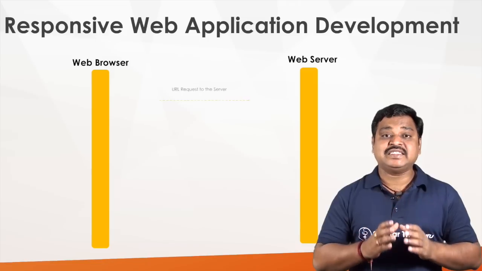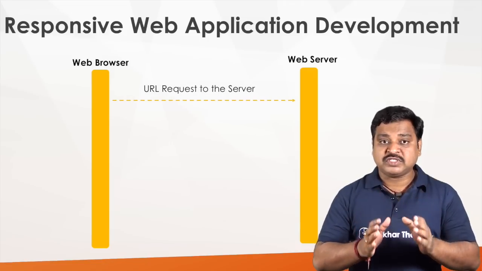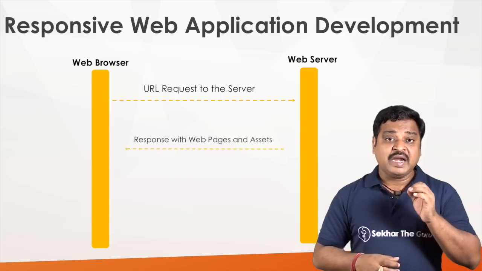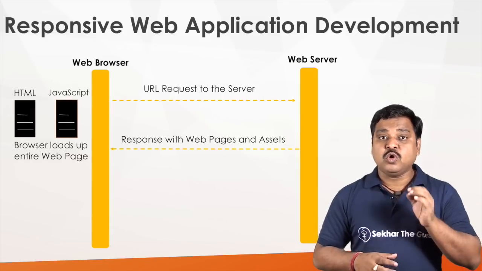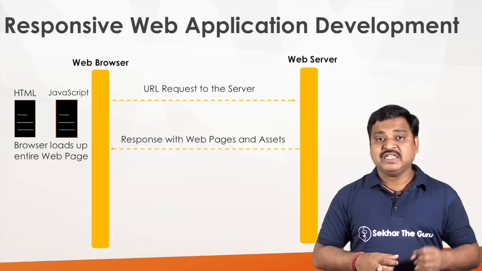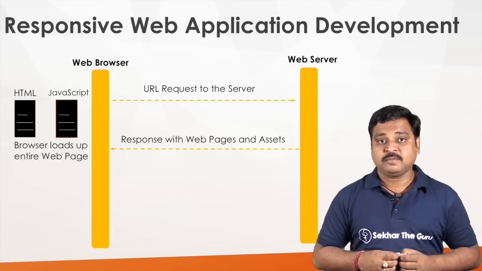Whenever the client sends a request for the first time, the web server will process the client request and provide the response back to the client. The web browser loads the entire web page, that is HTML, JavaScript, and the style sheets.